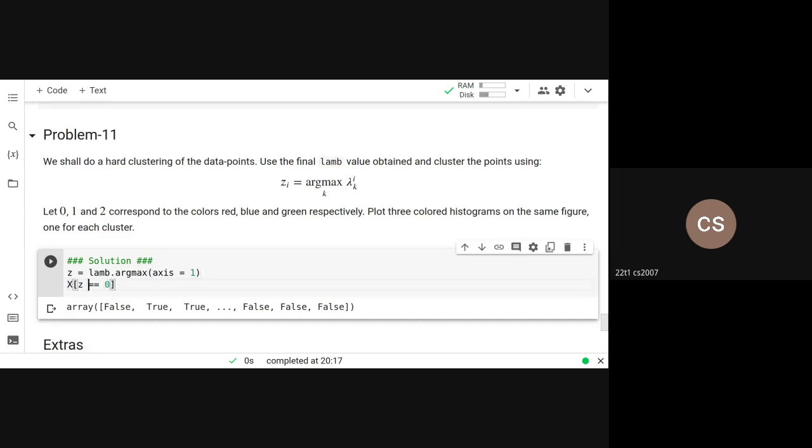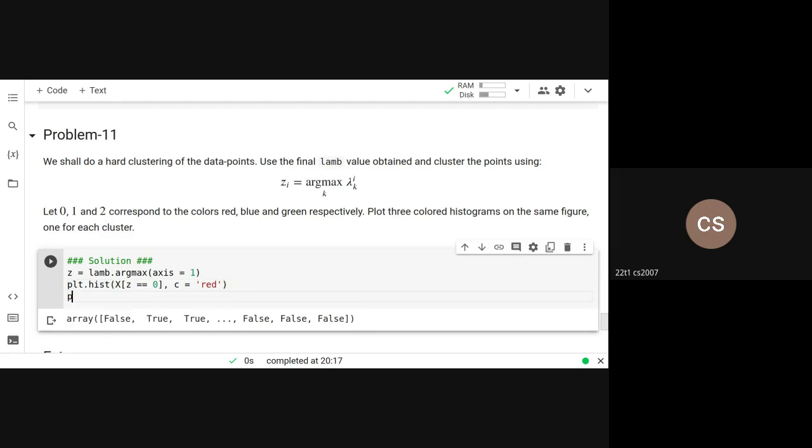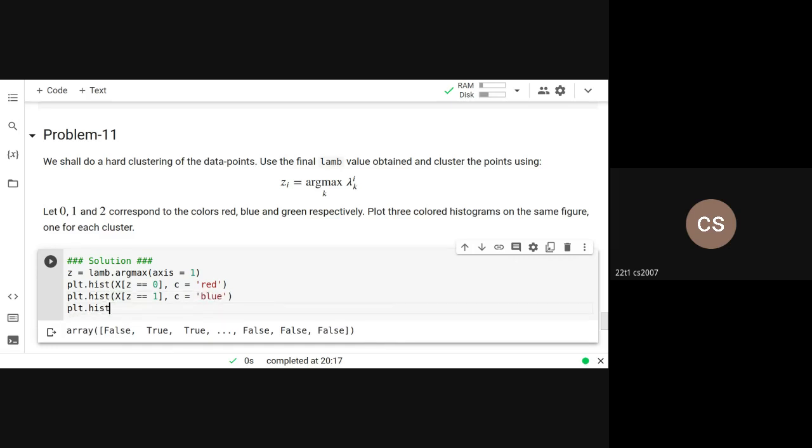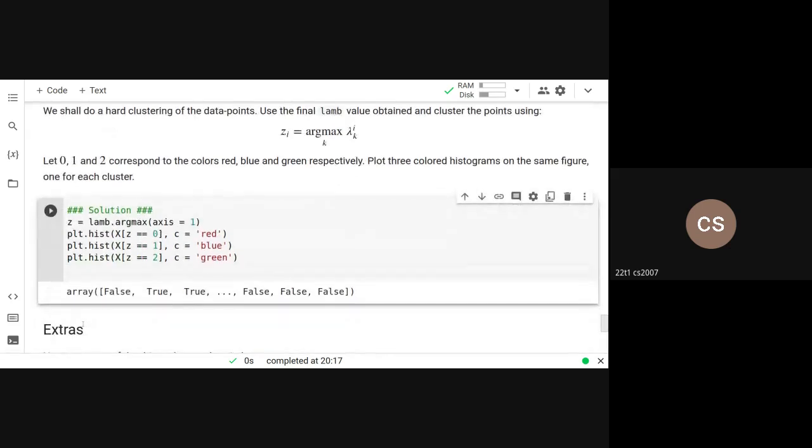NumPy allows you to do this kind of indexing and plot a histogram with color equal to red. Let's see if it works. For all those which have been clustered to 1, make them blue, and then finally make the last ones green.